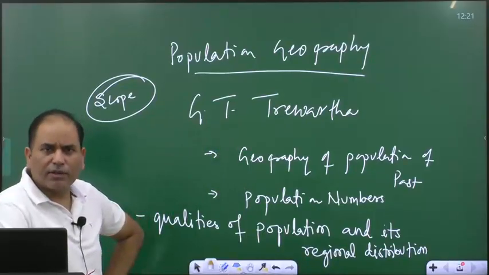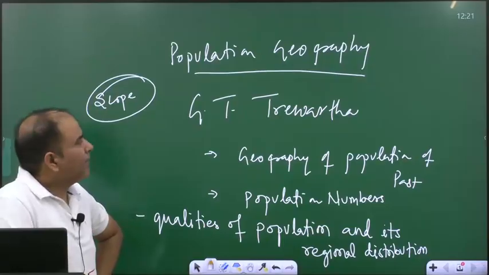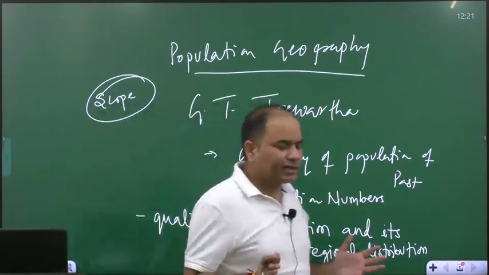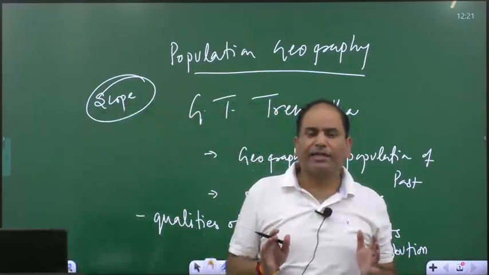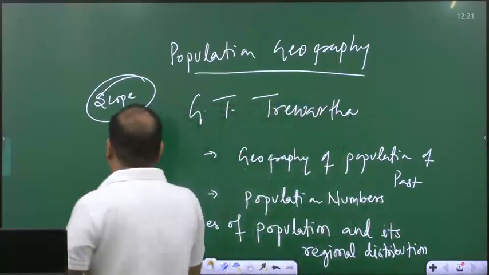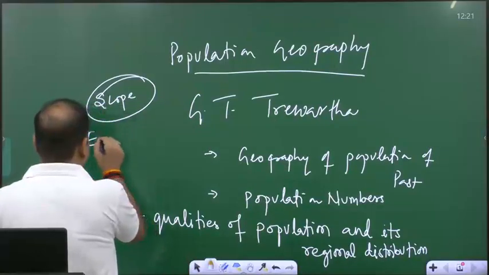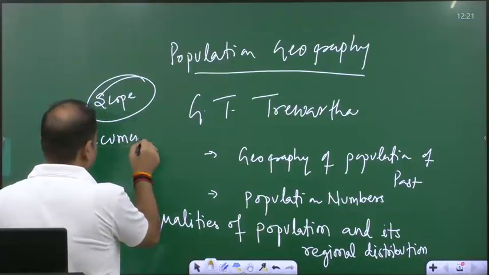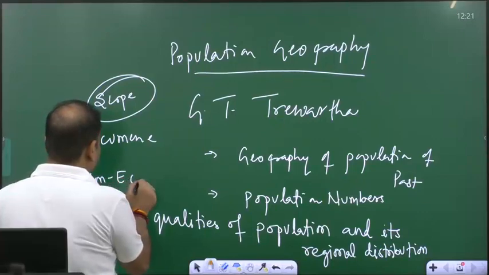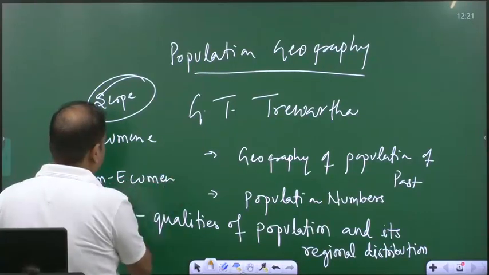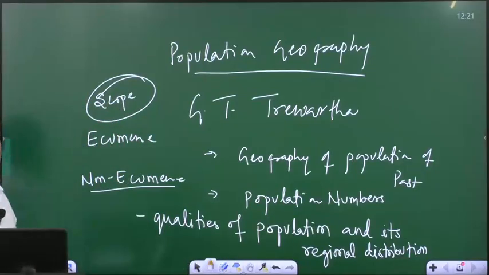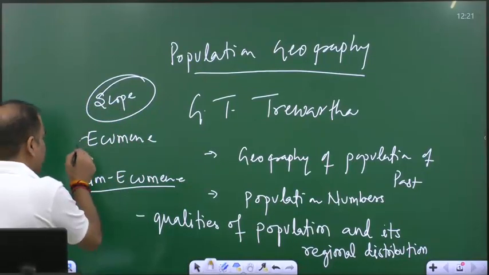Because a very old concept of population is that earlier the belief was that nature has divided the earth into two different parts: ecumene and non-ecumene. Ecumene means habitable area.